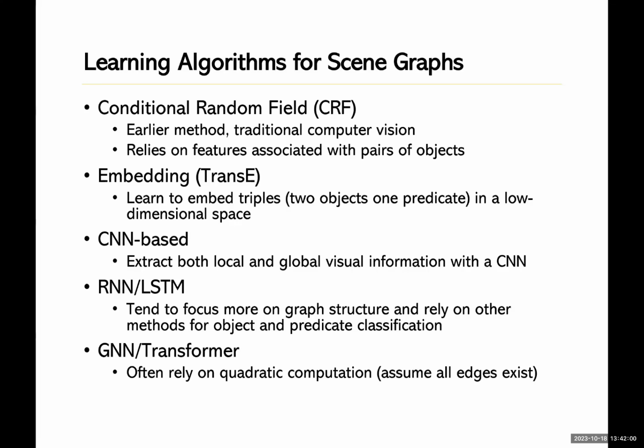So over the years, there have been a few different approaches. Kind of a traditional thing for scene graphs in the vision community, especially prior to the neural network era, has come from conditional random fields. Embedding approaches also at one point were quite common, a lot due to the widespread use of embedding approaches, things like knowledge graph embedding.